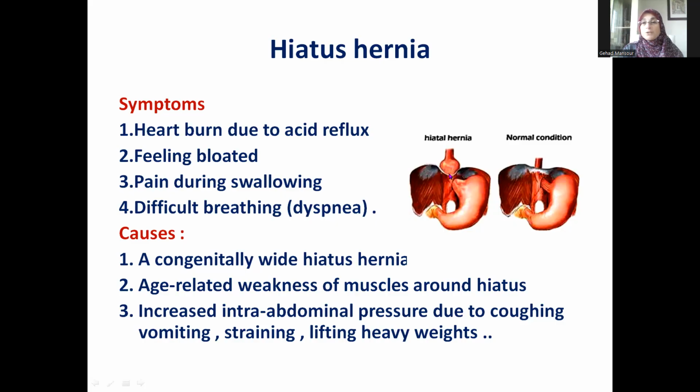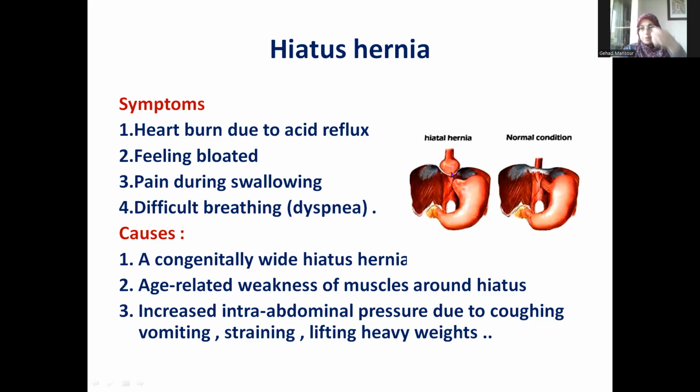But if for one reason or another that opening in the diaphragm is wider than normal, then part of the stomach will slip upward. Part of the stomach will herniate. Hernia means bulging in the wrong place. So the stomach will slip upward in the chest cavity. The stomach is not supposed to be here.